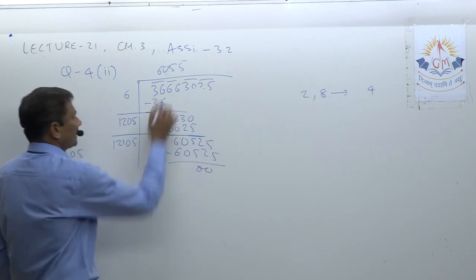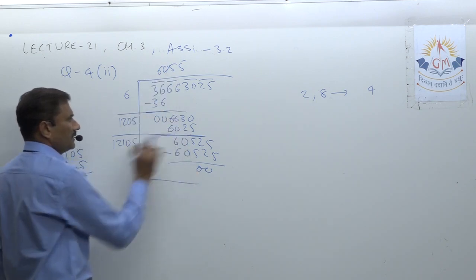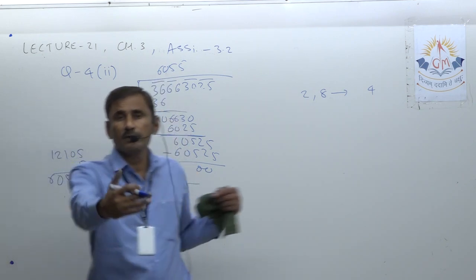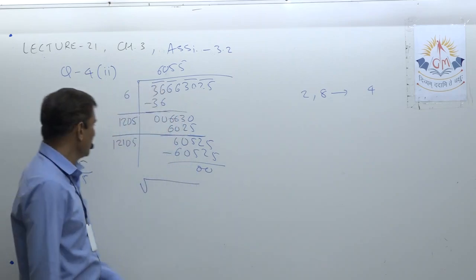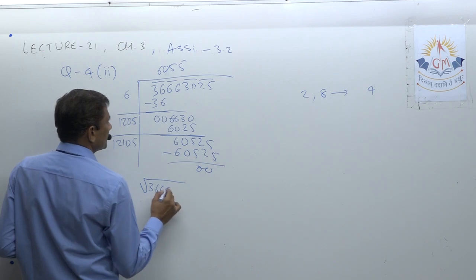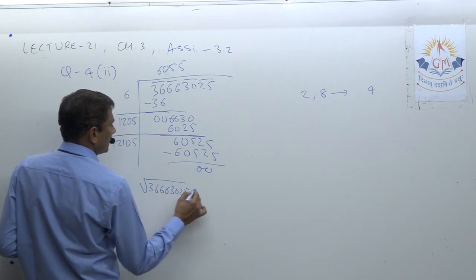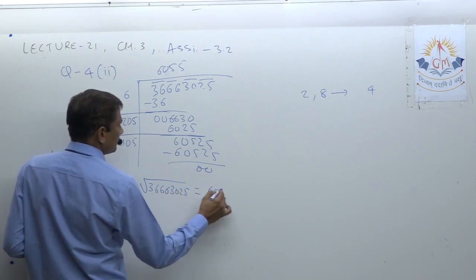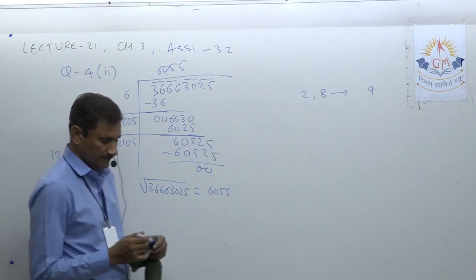So this is our answer. Within few steps only you get it, but prime factorization may be quite long. So 3,666,025 equals 6055. That is our answer.